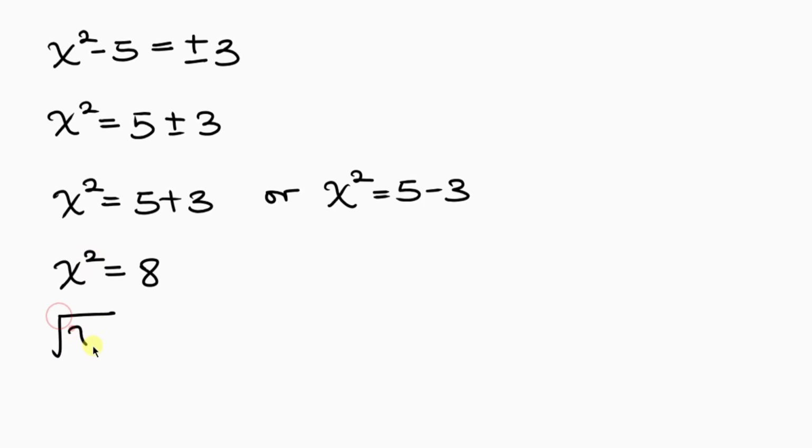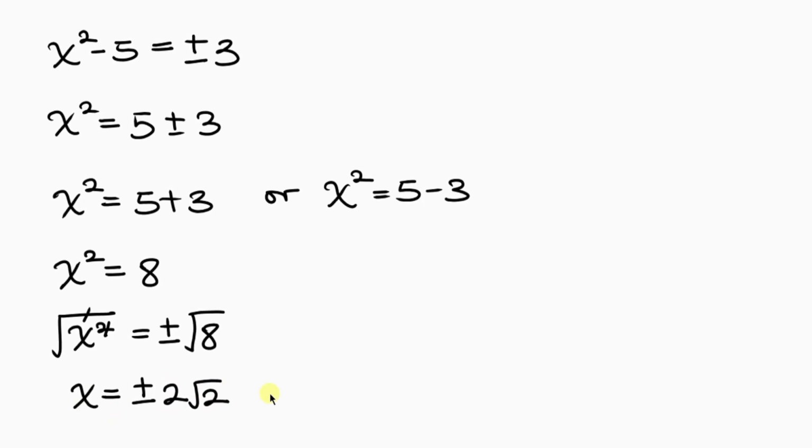So the square root of x² equal to, so here will be plus or minus the square root of 8. Now notice that this square root cancels out the square, leaving behind x to be equal to plus or minus. Now the square root of 8 is 2√2. So there are two values of x from here, which are x equal to positive 2√2 and x equal to negative 2√2.